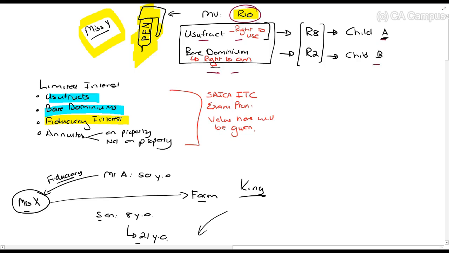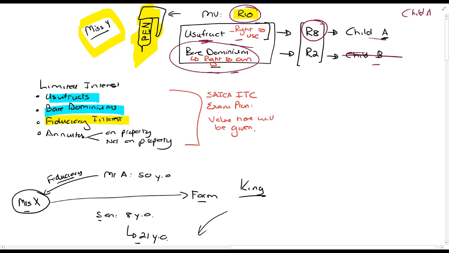Let me try it like this. Let's say Miss Y, before she dies, gives the usufruct to child A. So nothing to child B. So when she dies, what does she have left?